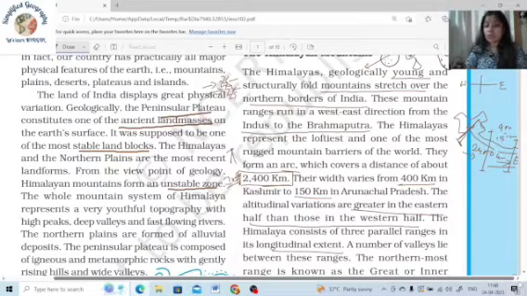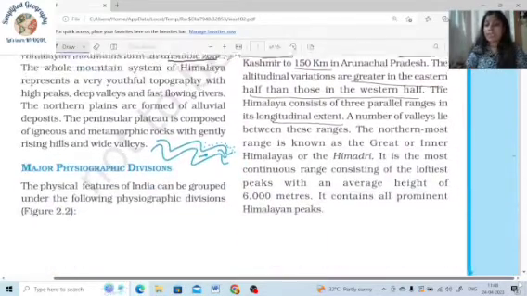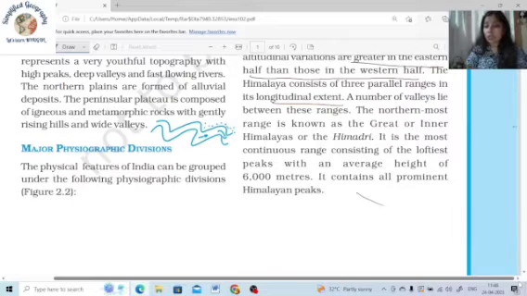The northernmost range is called the Greater or Inner Himalayas, or Himadri. It is the most continuous range we have, with the loftiest peaks, more than 7,000 meters in height. All the peaks are very prominent here.